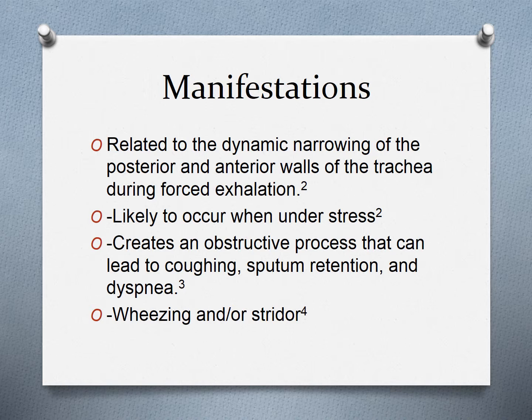Wheezing and stridor can also exist, which can be confused for increased severity of other disease processes such as asthma or COPD. And the true way to diagnose this is through a bronchoscopy or MRI. So it could be confused for other pathological conditions.